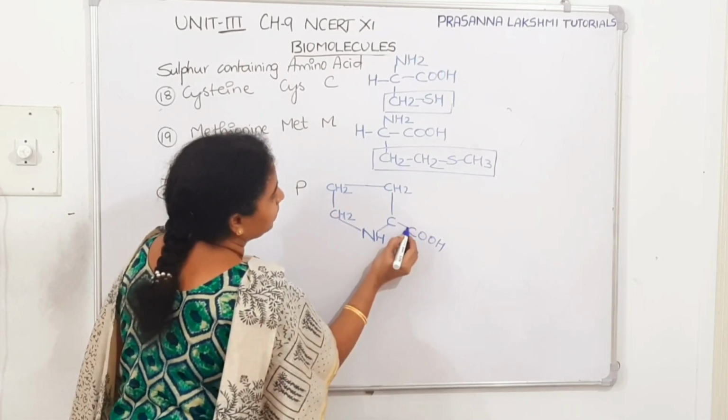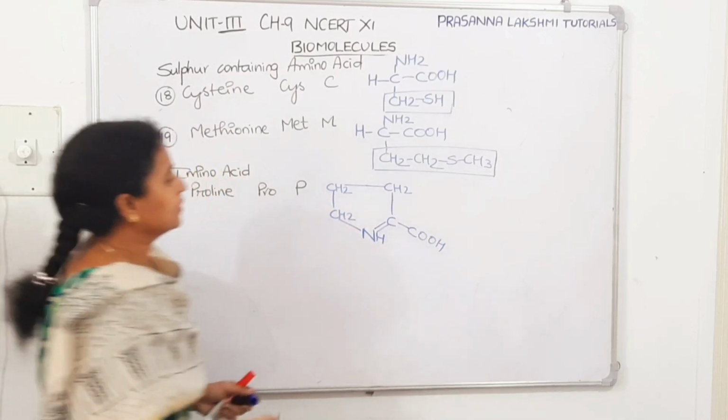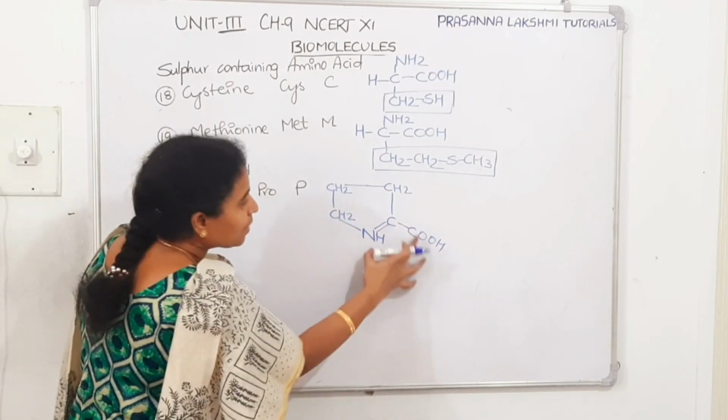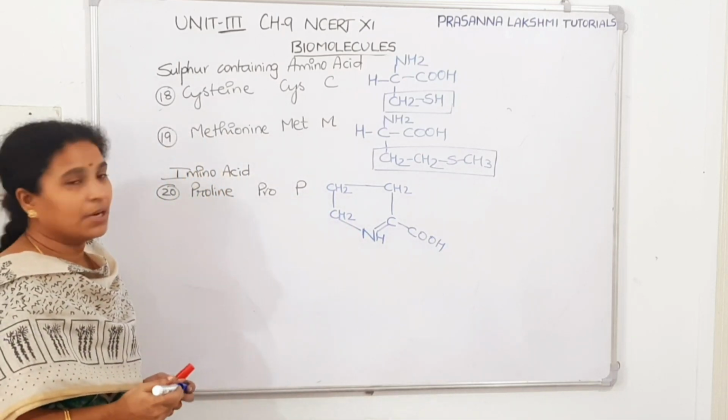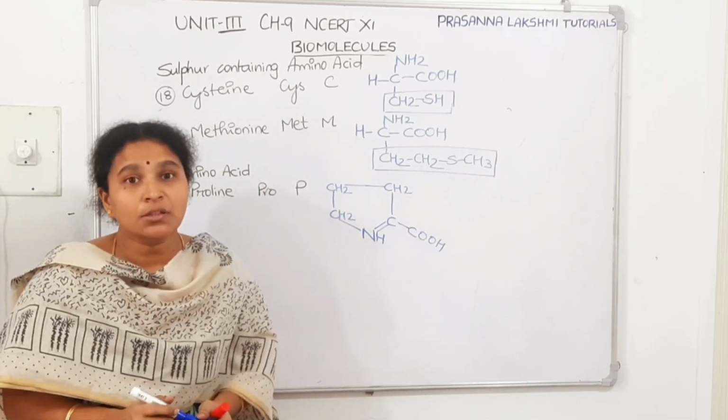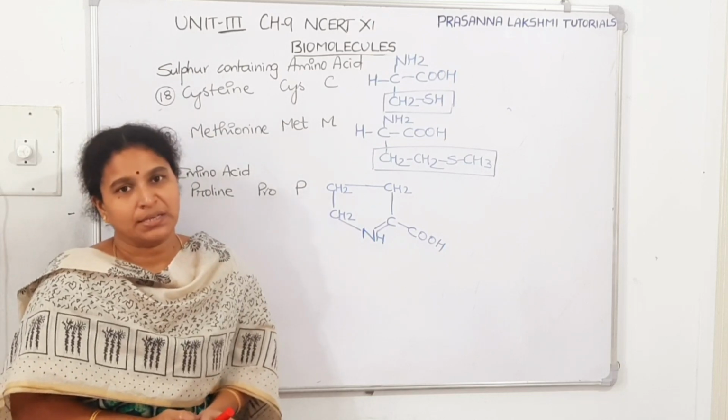So this is the basic structure and this is the R group linked in a ring structure, proline. With this, we finished all the 20 proteinaceous amino acids, right?